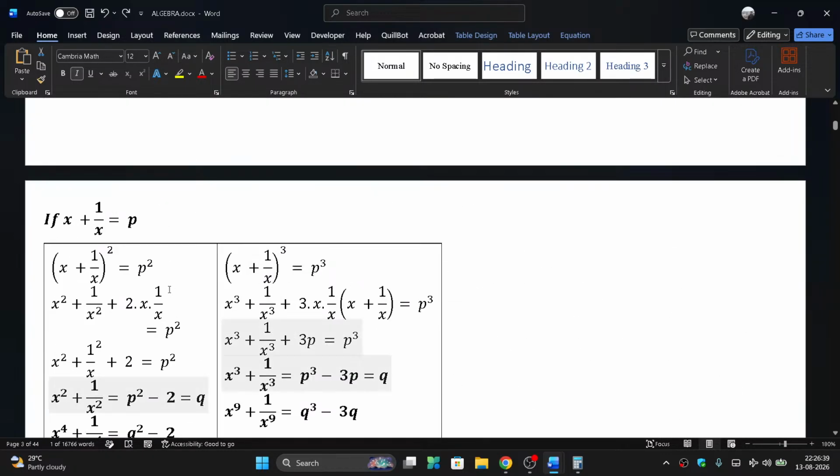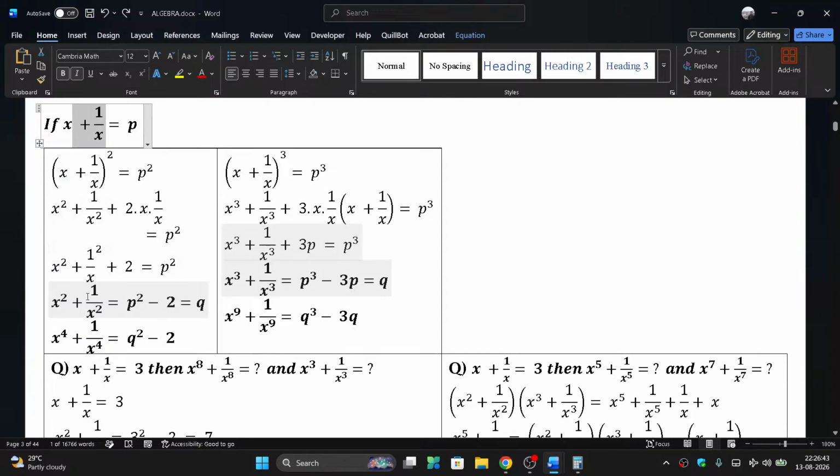Okay, let's start. If x plus 1 by x equals p, then the value of x square plus 1 by x square would be p square minus 2, and we can think of this whole thing as q.